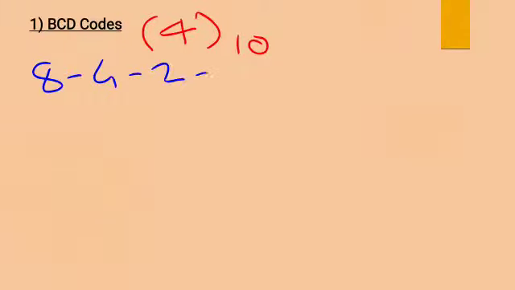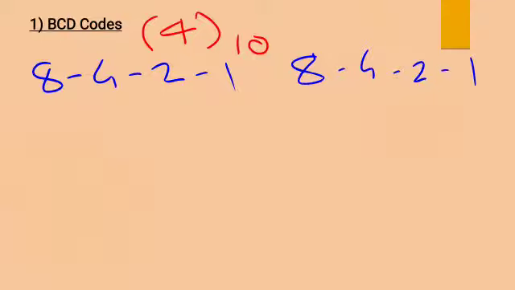Now suppose we want to represent the decimal number 4 in binary and in BCD. We can use the 8421 formula to represent this 4 in BCD and in binary.